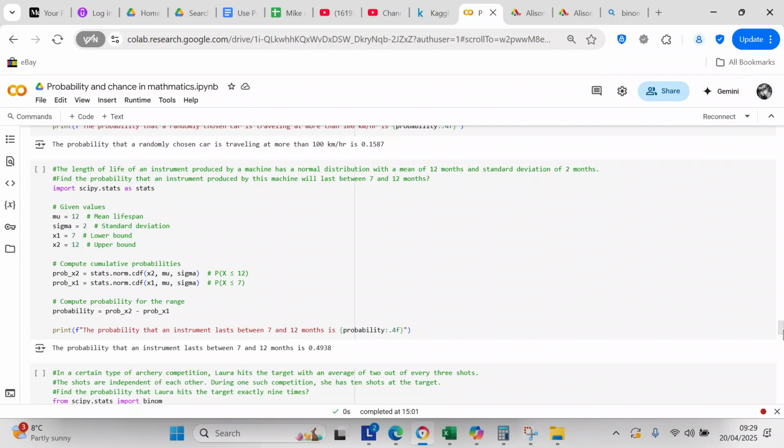That's for your upper bound. And then prob x1 equals stats.norm.cdf(x1, mu, sigma). That's your lower bound. So we're going to compute the probability for the range. Probability equals prob x2 minus prob x1, and the value that you're left with is 0.4938.